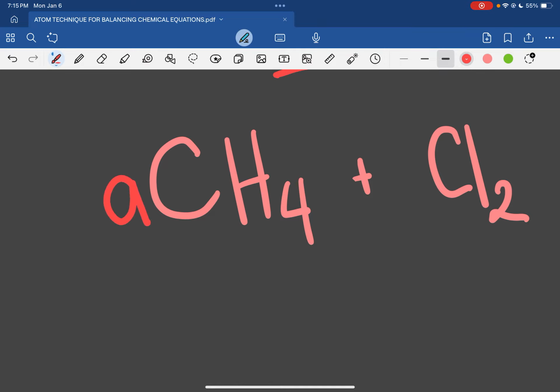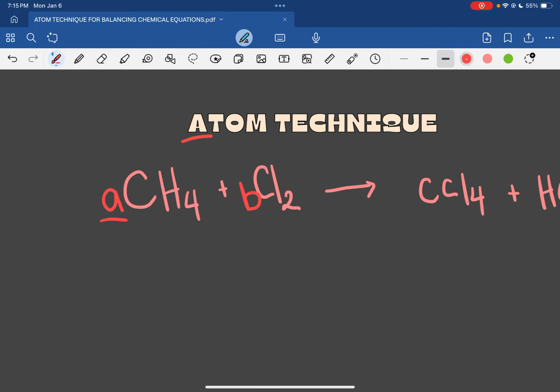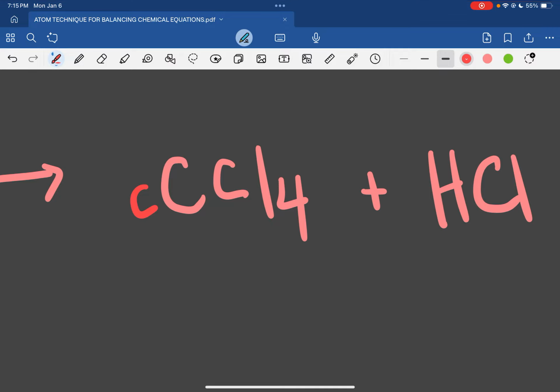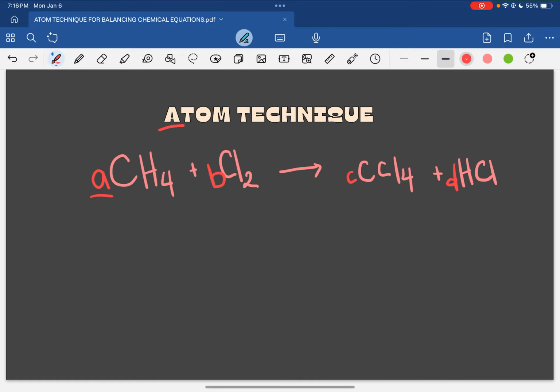Let's say the coefficient for methane will be A at first, then B in here, C in here, and D at this hydrochloric acid. Okay, so that is the first step. That is to assign these literal coefficients in this chemical reaction.